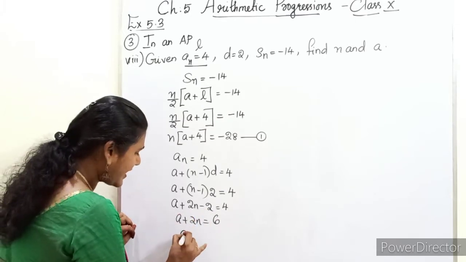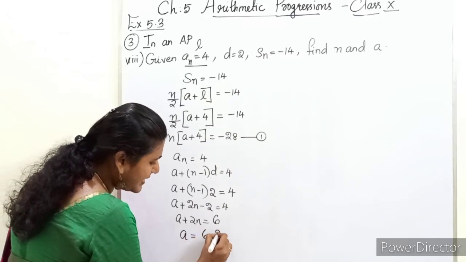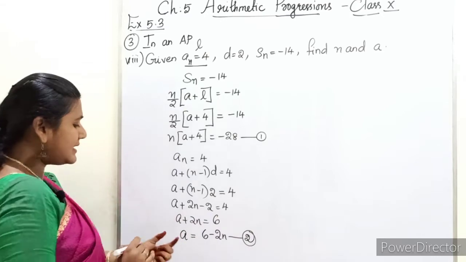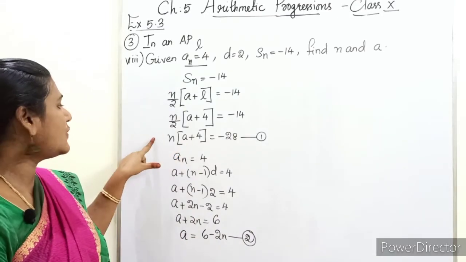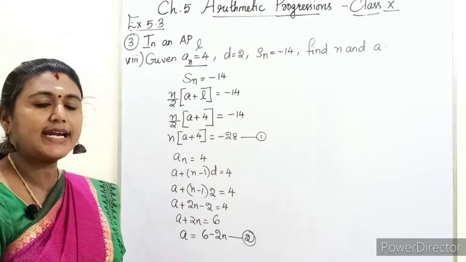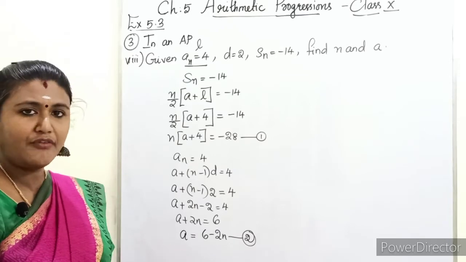From this we will find out the value of a. So what we will get? 6 minus 2n. This we will name as equation 2, and this value of a we will substitute in the first equation so that the equation will be in terms of n. You will get a quadratic equation in n, so we have to solve for getting the value of n.